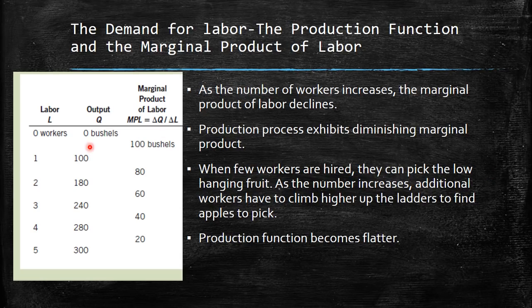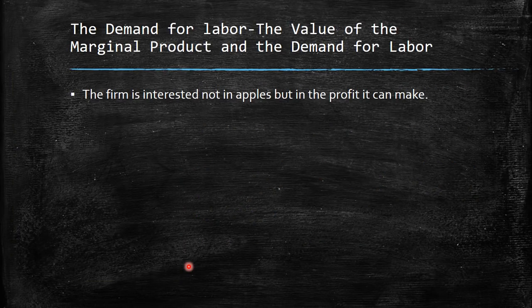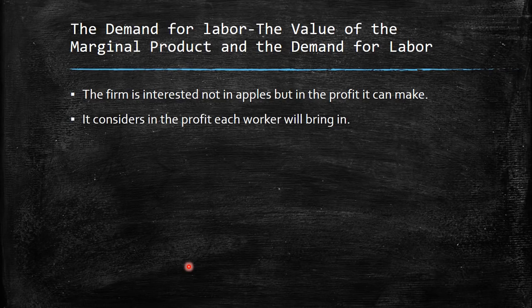So here we have the third one, which is the marginal product of labor. This is decreasing, as we saw before, and we understand it here by numbers and by the slope of the production function. The idea is that the firm is interested not in apples, but in the profit it can make.